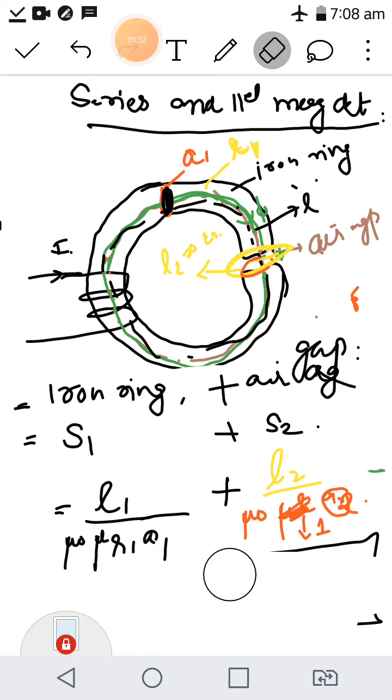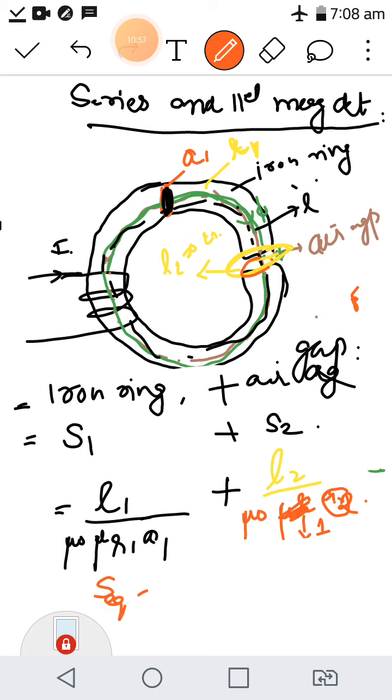Okay, so the total reluctance you can write like this: S equivalent is equal to L1 divided by mu 0 mu r1 into A1 plus L2 divided by mu 0 into A2, since mu r is equal to 1, and A2 is always equal to A1.